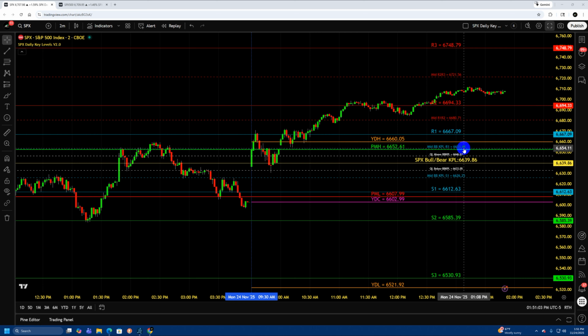So that would be the 66.55 put. And then our furthest out of the money would be the strike closest to the bull bear KPL, since that is one full level away in the direction we're trading off a bearish trade off of R1. So that would be the 66.40 put.